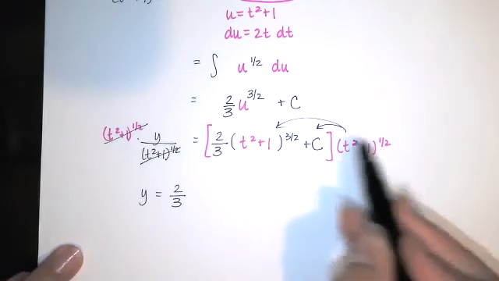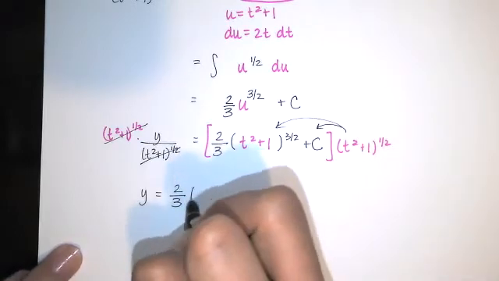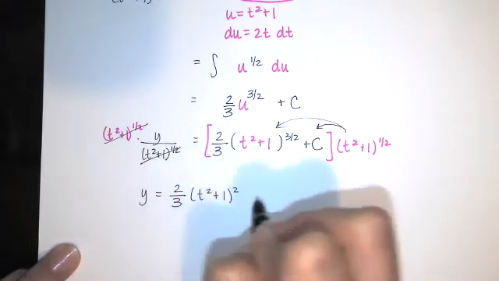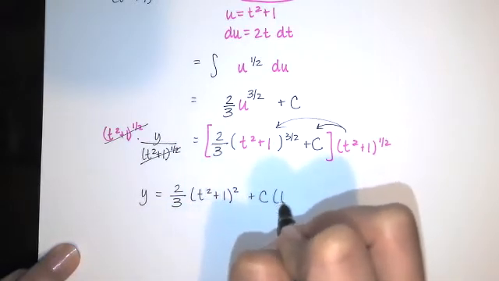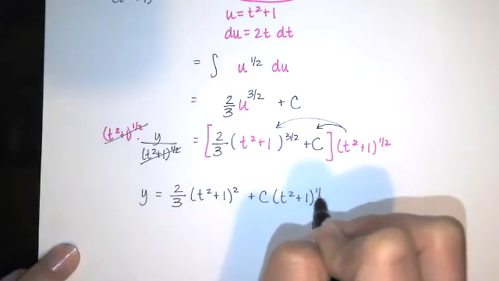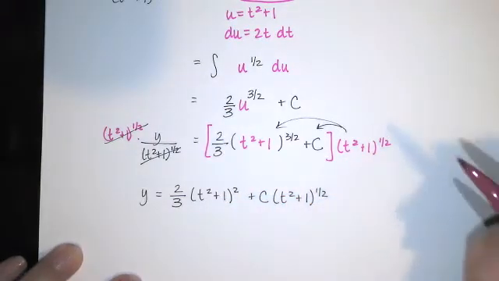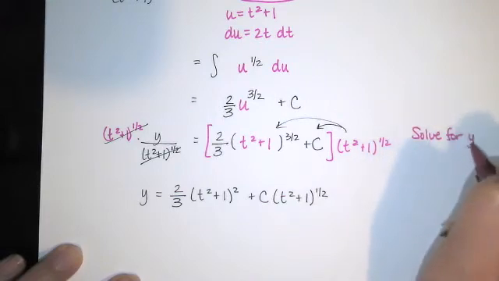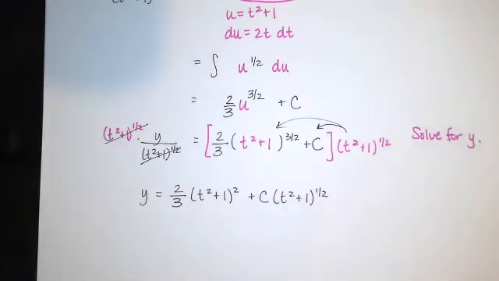Add the exponents. 3/2 plus 1/2 is 4/2, which is 2. And we've got c times t squared plus 1 to the 1/2.